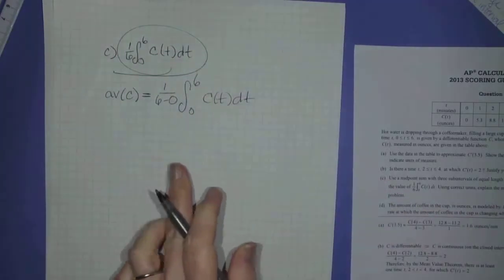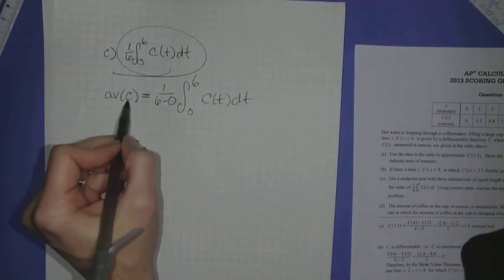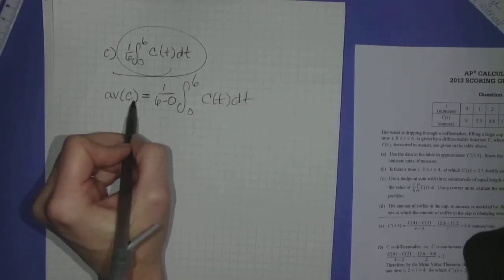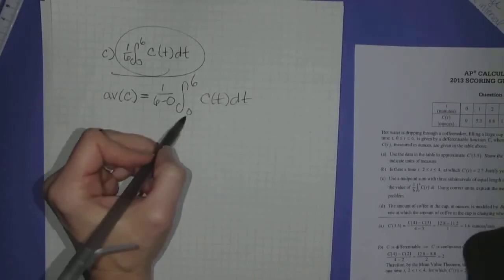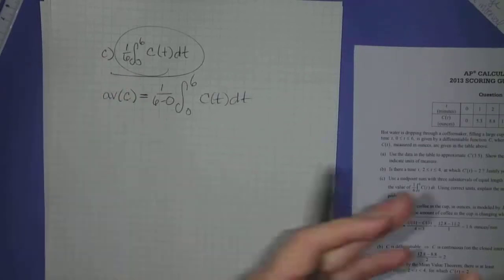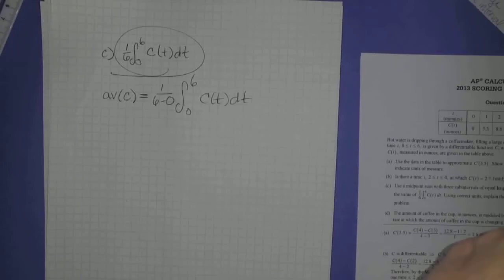So right away, I know that the final answer is going to give me the average number of ounces in the cup. If I'm averaging the C values and C represents the ounces in the cup, this should give me the average amount of coffee in the cup over the 6-minute time interval.